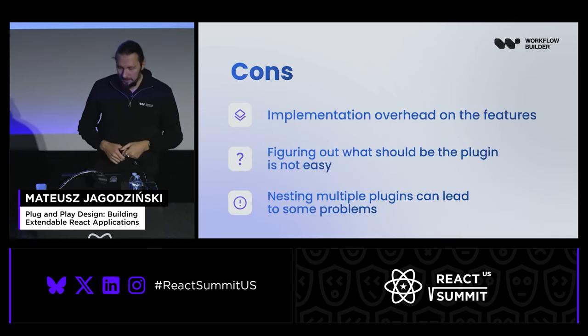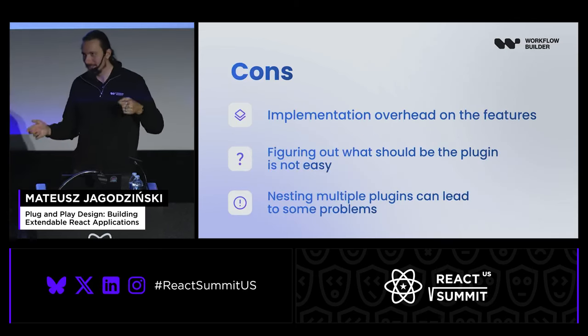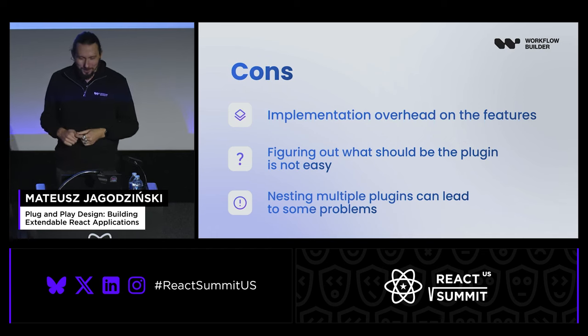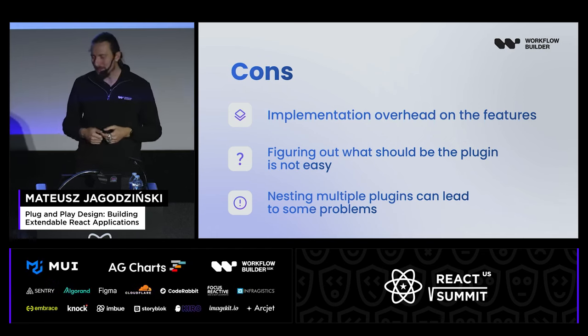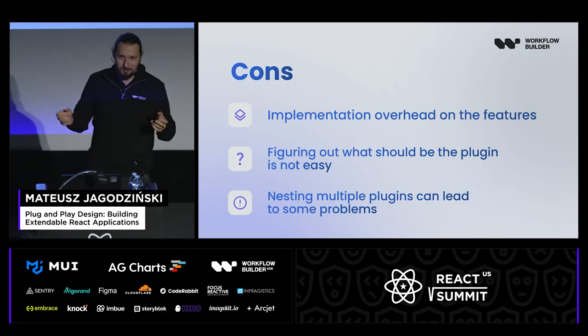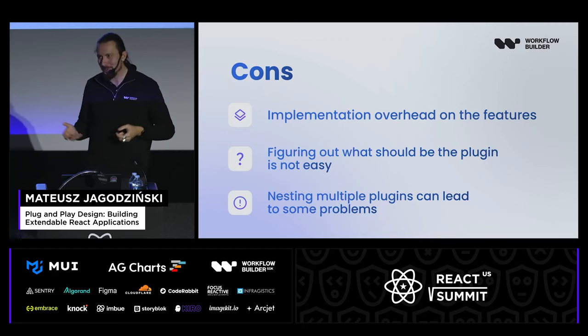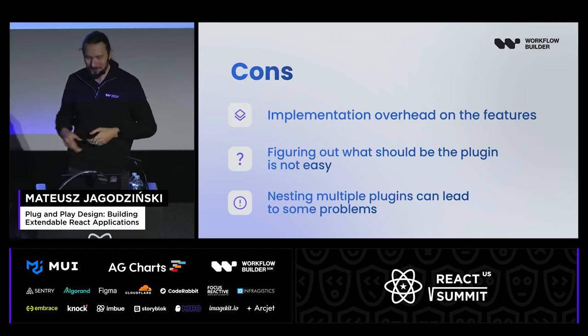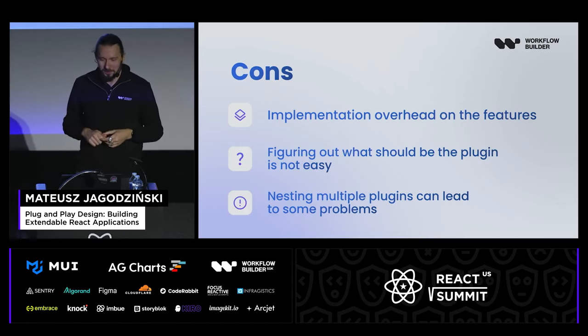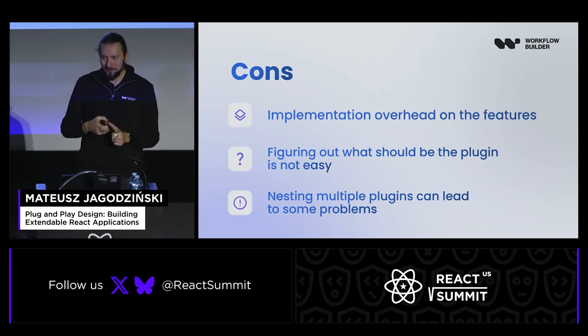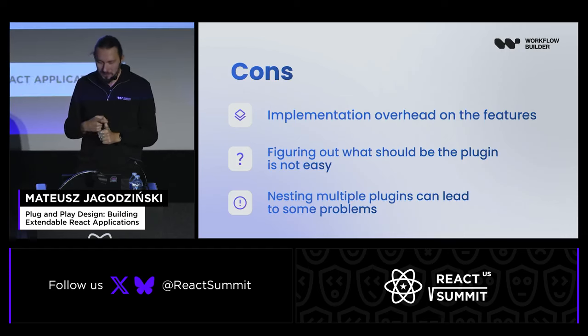But of course, there are some not so great things about this solution. Obviously, there's some implementation overhead on the features. When implementing a single feature, it probably would be much easier to just skip all this plugin stuff, just put in a couple of new components, and not worry about creating those wrappers and putting all this code in a specific place.